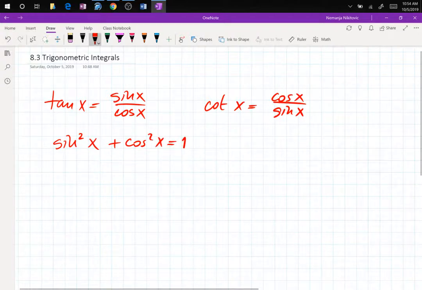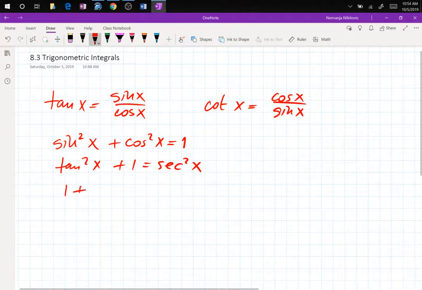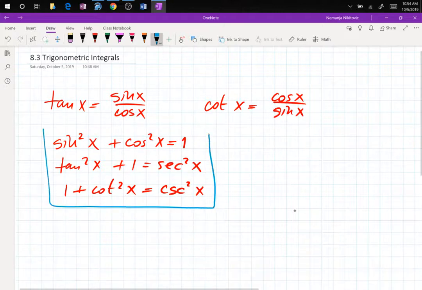If you divide this equation everywhere by cosine squared, you will get tangent squared x plus 1 equal secant squared x. And if you divide the original formula by sine squared, you will get 1 plus cotangent squared x is equal to cosecant squared x. I'm going to put these in the blue box, to kind of group them.